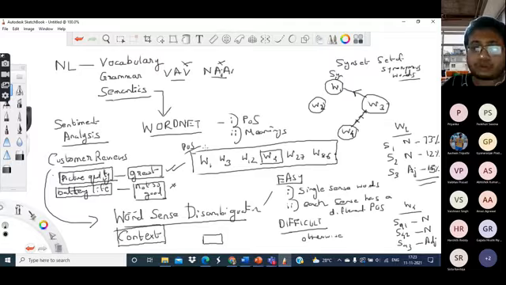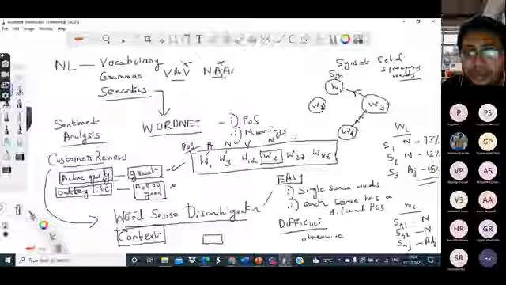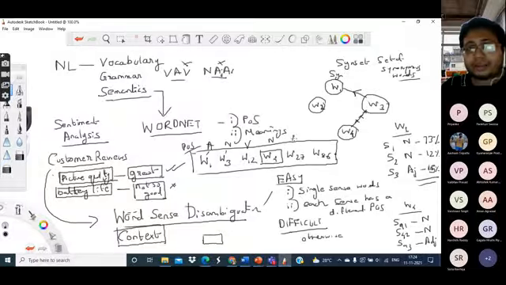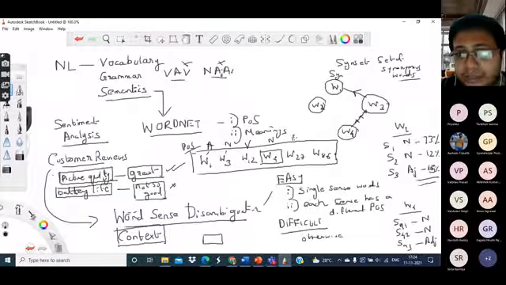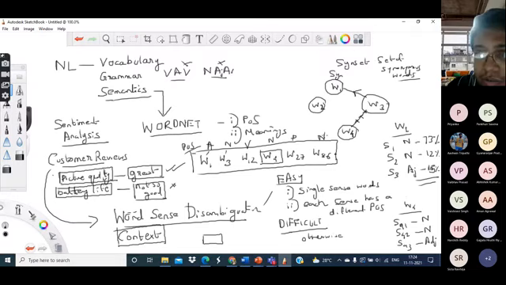There are standard algorithms for a POS tagger. Let us say the POS tagger tells me that this is an article, this is a noun, this is a verb, this is a noun, this is a preposition, and this is another noun.